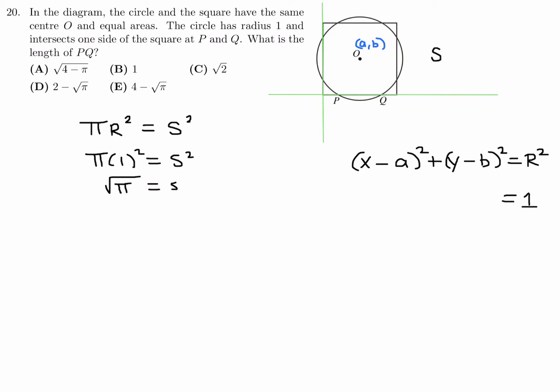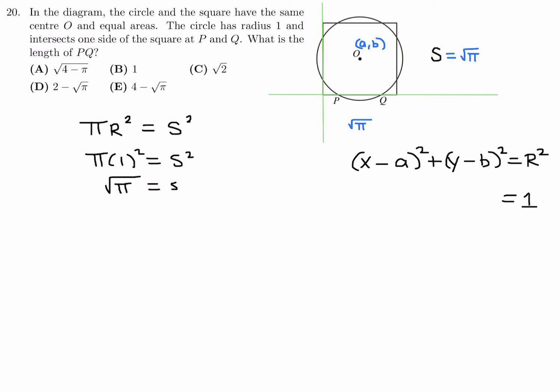And a and b we can also figure out. Notice we just figured out that the side length was root pi. So that means from here to here is root pi, and so is from there to there. Because of the symmetry of this diagram, the center will be half of that s value.